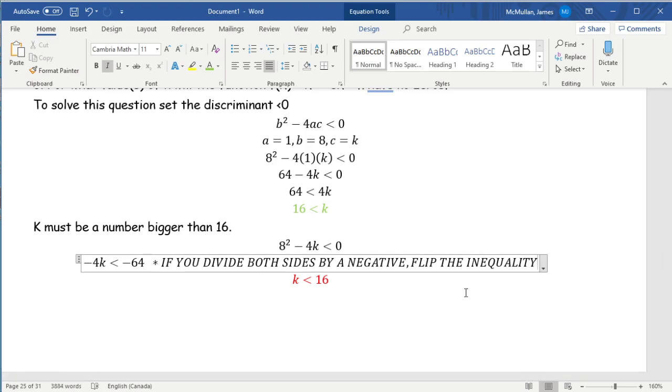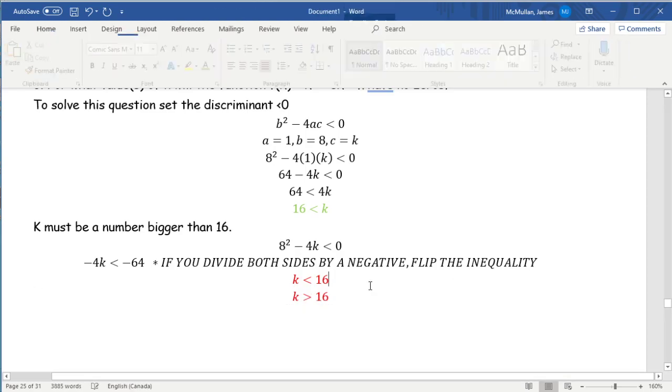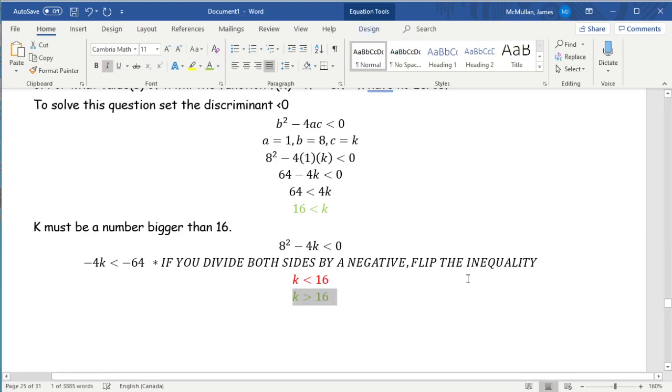This is the only special rule with inequalities. It's fine to add to both sides, and it's fine to multiply or subtract on both sides. If you multiply or divide both sides by a negative number, the inequality has to flip. So it's not that k is less than 16, it's that k is greater than 16, because I divided by a negative number. And that is the correct answer.